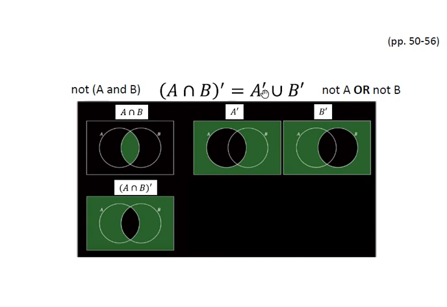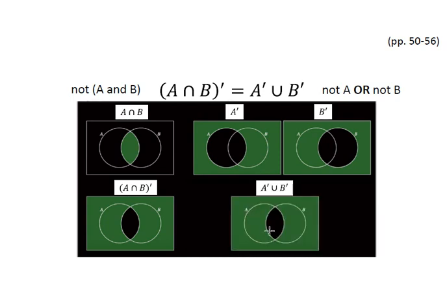We need again A prime and B prime, but now we are going to obtain the union of A prime and B prime. You can see the union of these two diagrams is this one. So again the left hand side is equal to the right hand side.